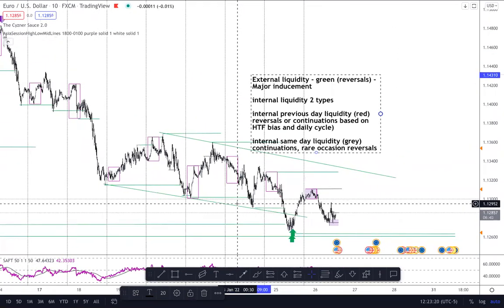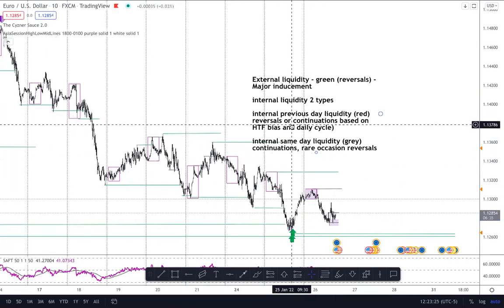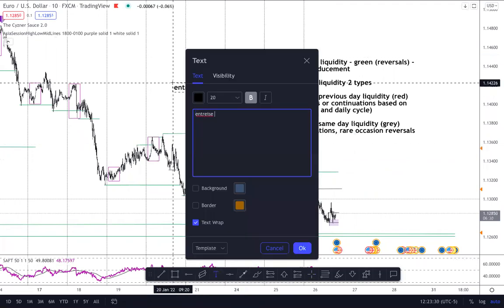So I kind of want to go through some examples here and show you how to mark out this type of liquidity, and then how we're going to enter, right, entries based on the 10, the 13, and the 15 minute, right? So we also want to learn today the refinements on the 10, 13, 15 minute.